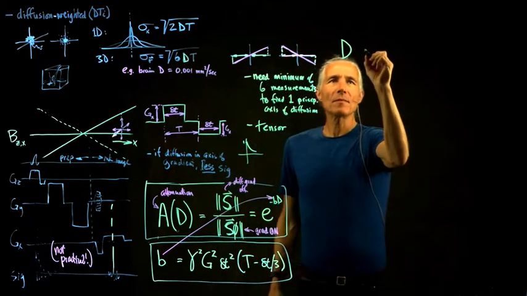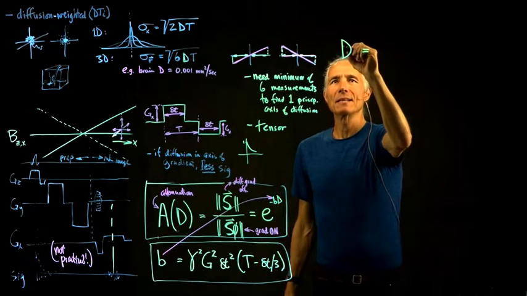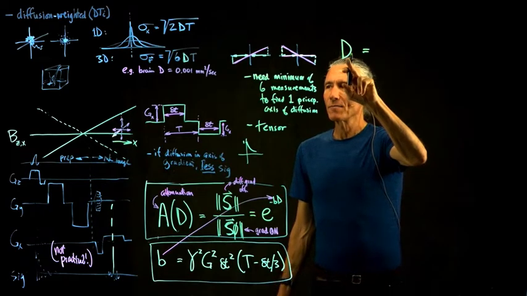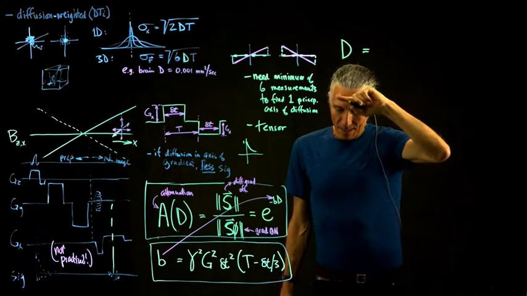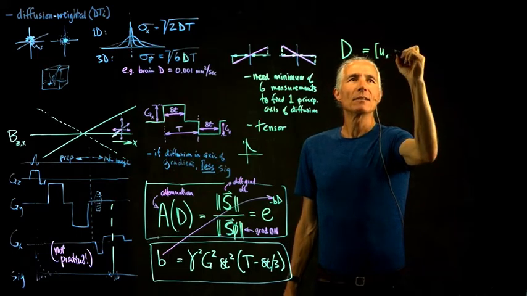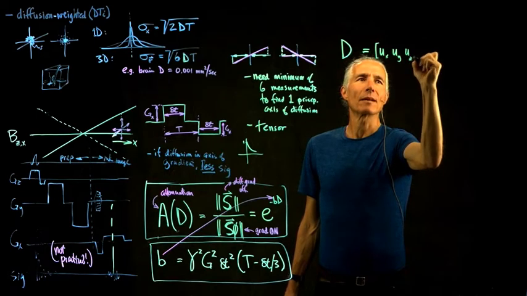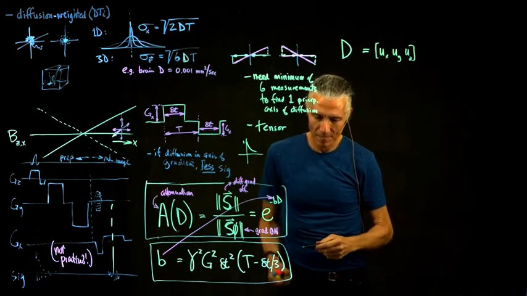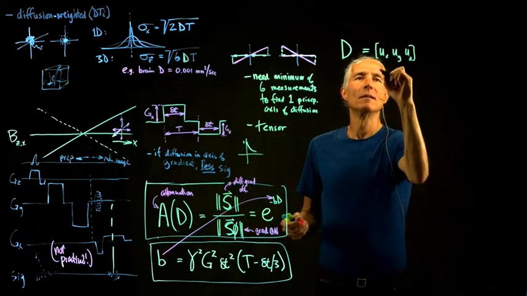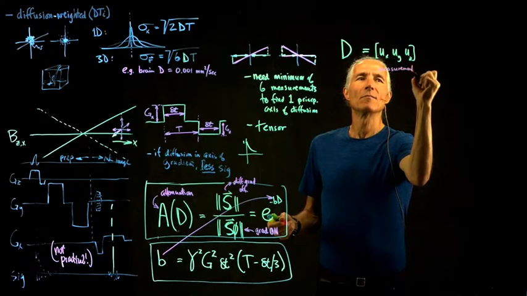But we're going to define this single number, sort of classical diffusion coefficient, as a matrix of numbers. So here is the actual measurement direction. So this guy is a measurement direction. That's a vector that tells you what direction you measured.